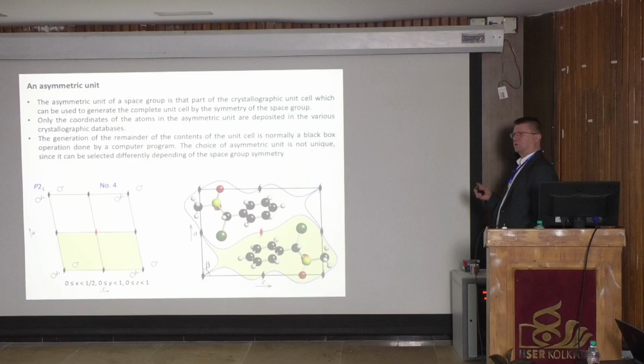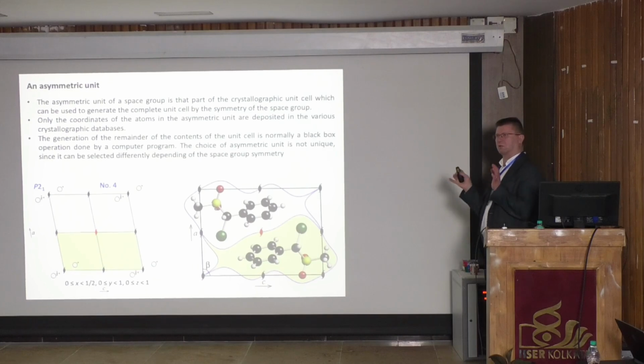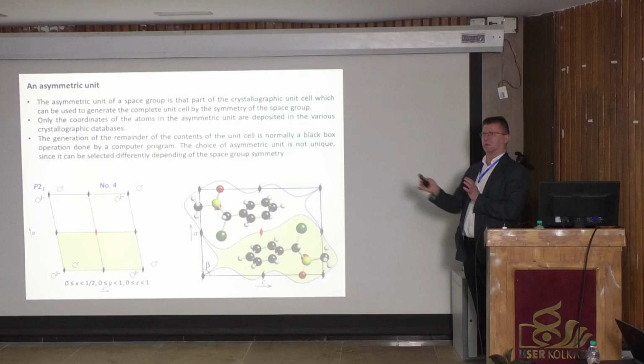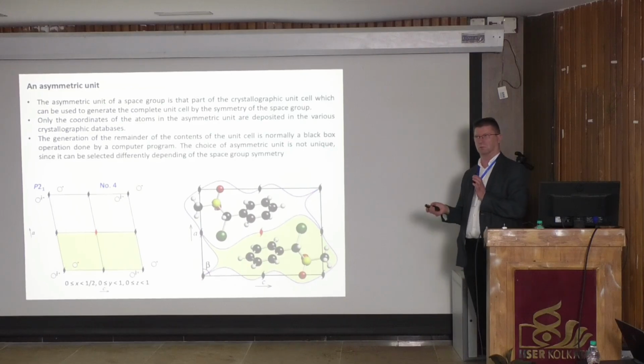Now, the asymmetric unit is a part of a unit cell which is repeatable. Conceptually, it's the same as the unit cell. Remember, the unit cell is the smallest repeatable unit from which you can build the whole crystal. The asymmetric unit is the smallest possible unit which makes the unit cell.